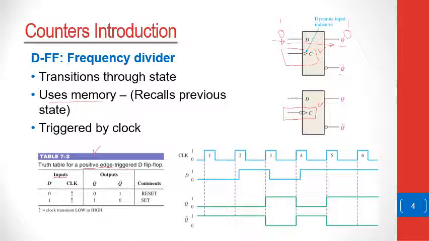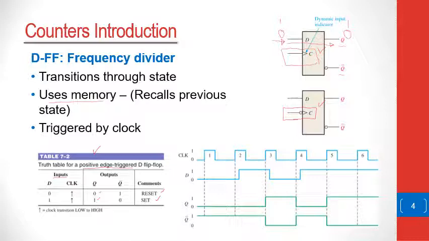And because the D flip-flop stores only a single binary number, it will only have two states, and the state will either be the reset state or the set state. The reset state is when the Q output is 0, the set state is when the Q output is 1.